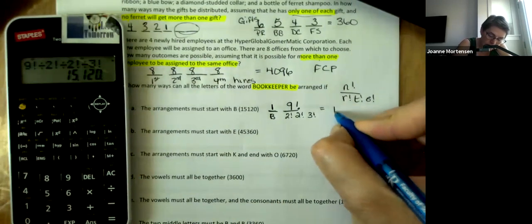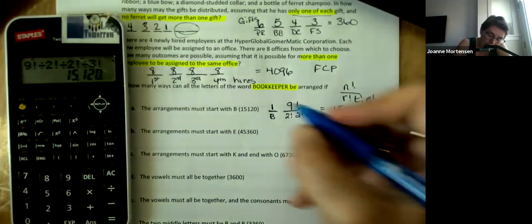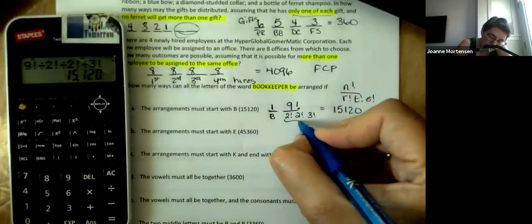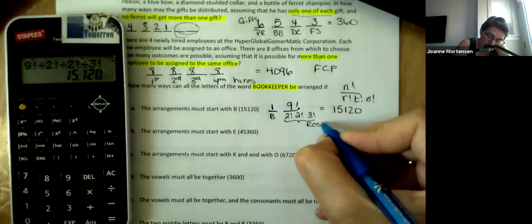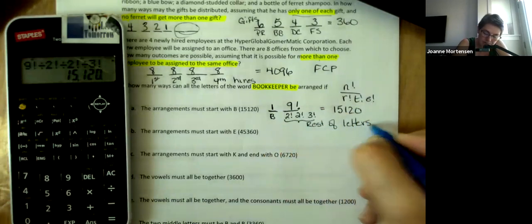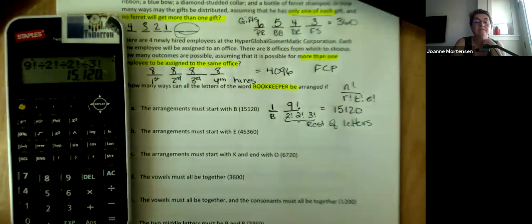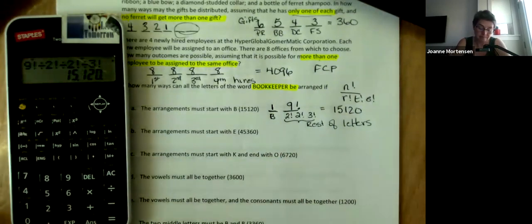And there we go. 120. So this is the B in this part, and the rest of the letters. Okay. Got it? Try the next one.